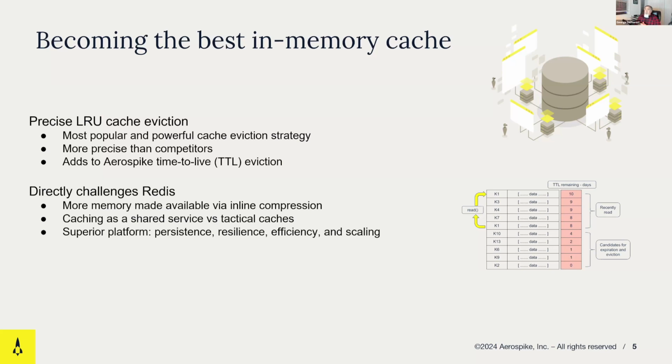Our vision would include something like creating, you could consolidate a lot of caches into a single smaller cluster with Aerospike. You can create a more enterprise grade sort of shared service of caches. What other advantages does Aerospike have as a cache?